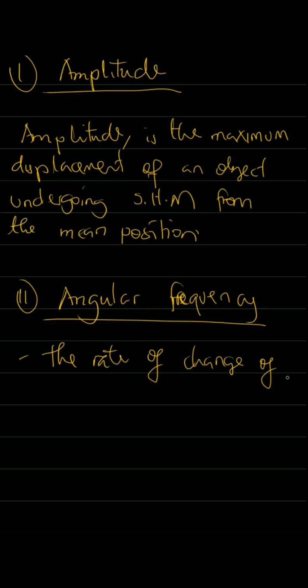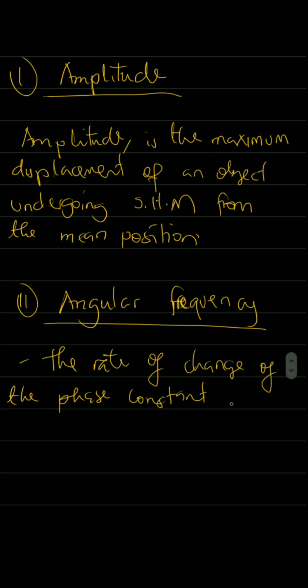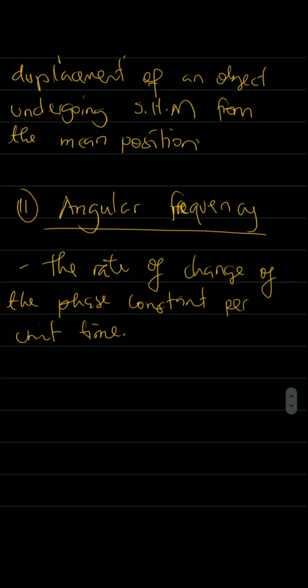So here you're looking at how the phase is changing with respect to time. By phase we mean a parameter that gives us the position of an object in this motion at an instant. If you look at the rate of change of these positions, what you get is the angular frequency.